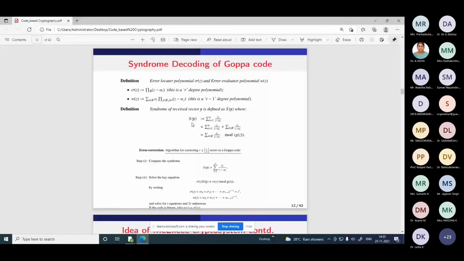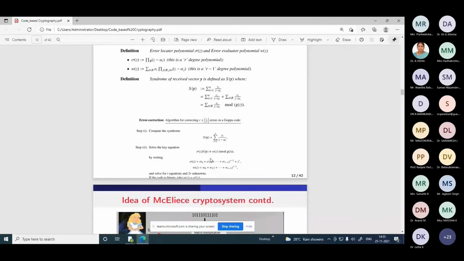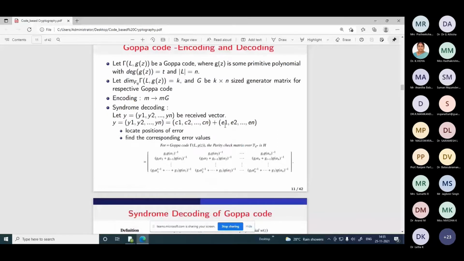The mathematics behind this is this. He can compute the syndrome of the error vector, and he will equate the syndrome with the error locator polynomial and error evaluator polynomial. You will frame that equation. Solving this equation, he will get the error vector back. Once he knows the error vector, the received vector XOR with the error vector gives you the code word, and the decoding is done, right?